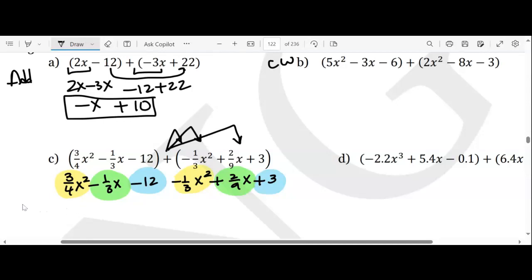So I'm going to take 3 over 4 x squared minus 1 over 3 x squared. Okay? And then the second one is going to be negative 1 over 3x plus 2 over 9x. And then negative 12 plus 3.